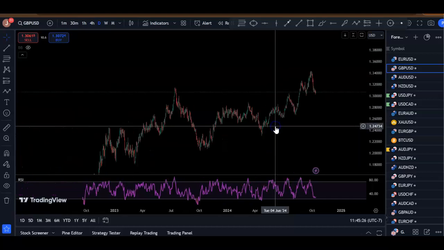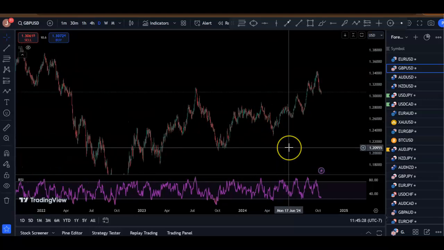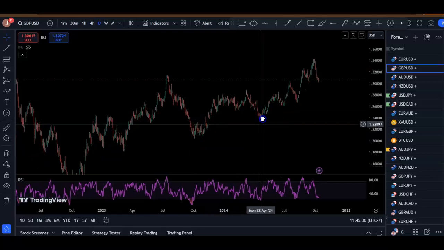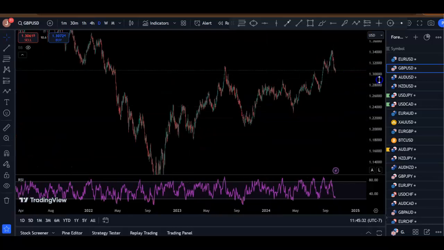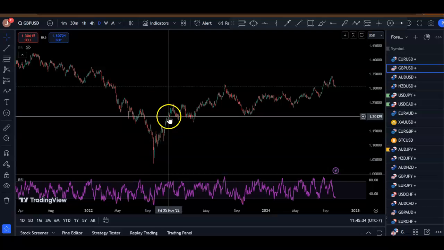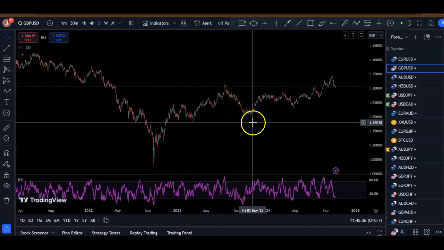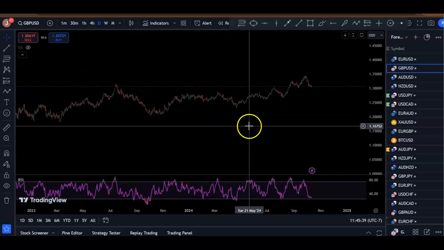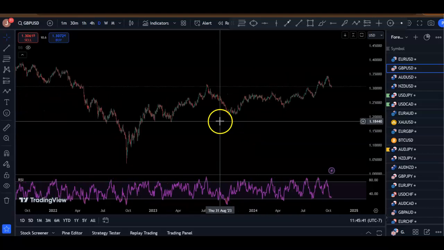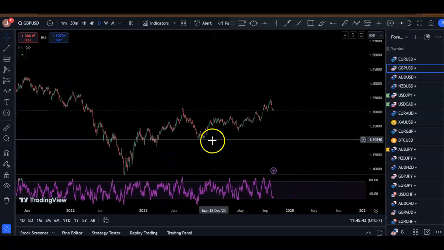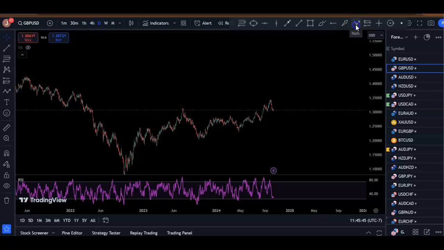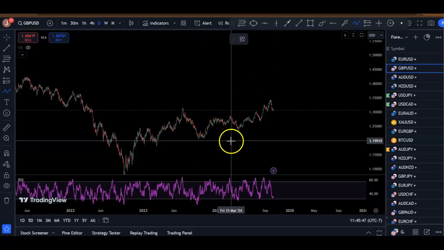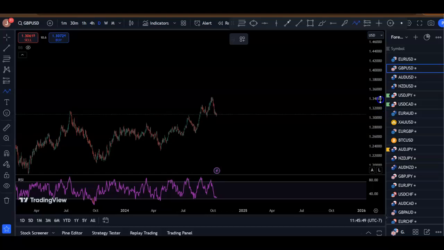Okay, let's do a quick analysis. Obviously, on the macro, we have these moves right here, which are very, very high. But let's do the last leg, which is this one right here. Just from far like that, look at it from far, let me make it a little bigger.